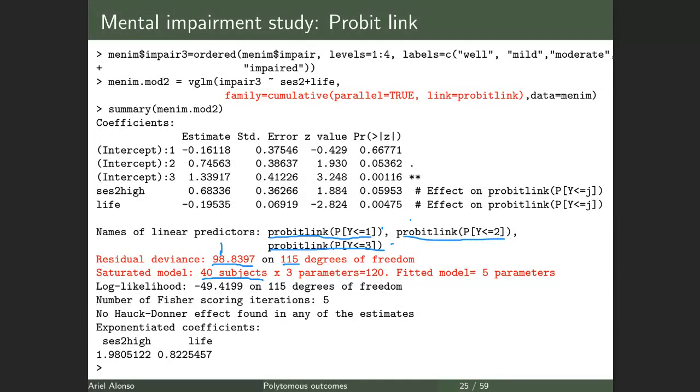In total, 120 parameters. My fitted model, how many parameters does it have? We have 5 parameters here: the 3 intercepts plus the coefficients for SES and life. So we have 120 parameters for the saturated model, 5 parameters for the fitted model. 120 minus 5, these are the 115 degrees of freedom you get here. And that's the deviance test, just comparing the fitted model with the saturated model.